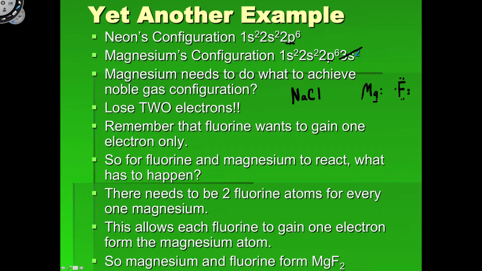Now what's going to happen is magnesium, fluorine only wants one of these 2, so it's going to give up its 1. And now this fluorine has a valence of 8, so it's happy. But this magnesium still has 1 electron to give up. So what do we need? Well, we need a second fluorine. And that looks something like this.